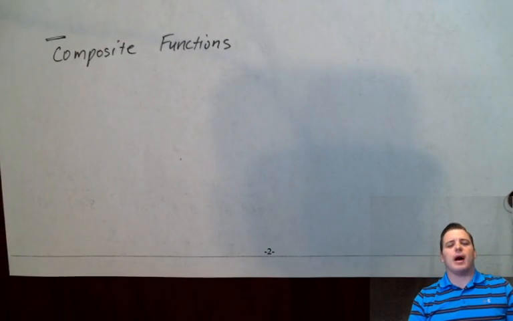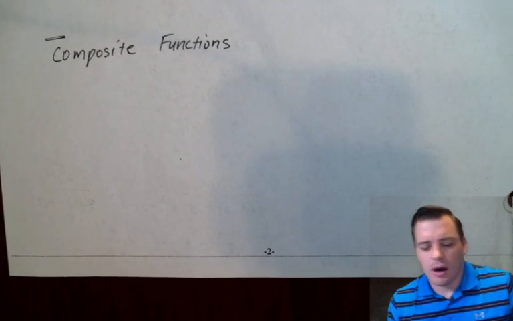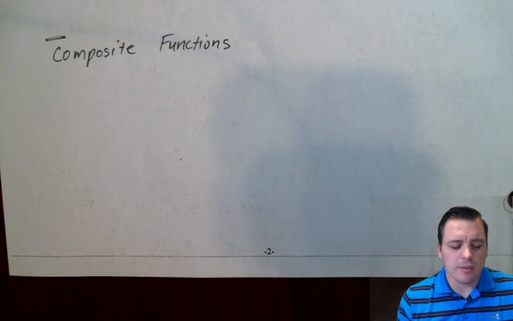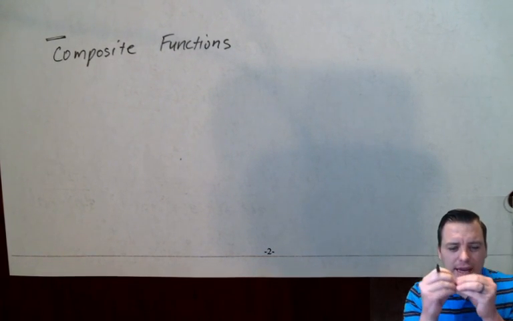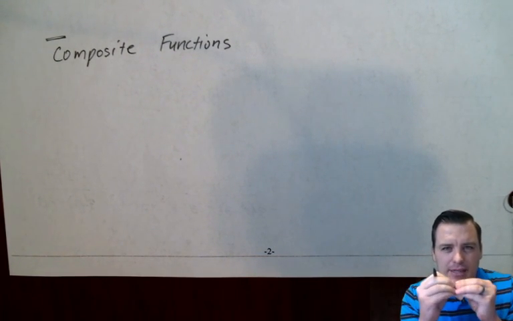Now, what composite functions are: if we look at the beginning of the word composite, the root word of that is compose, which would mean to put together. Okay, we are putting together functions.